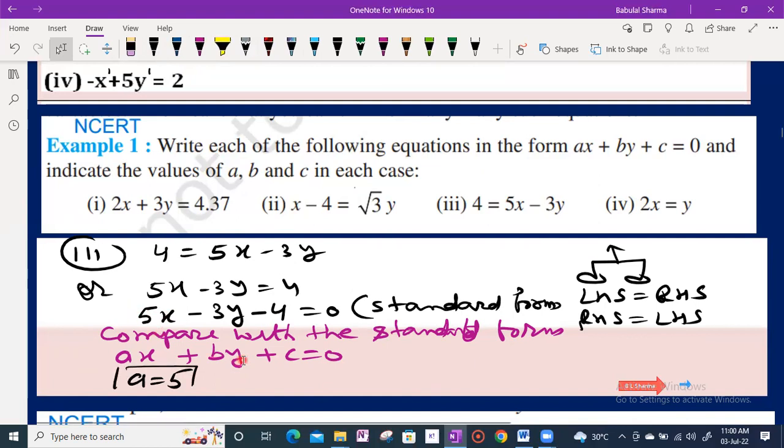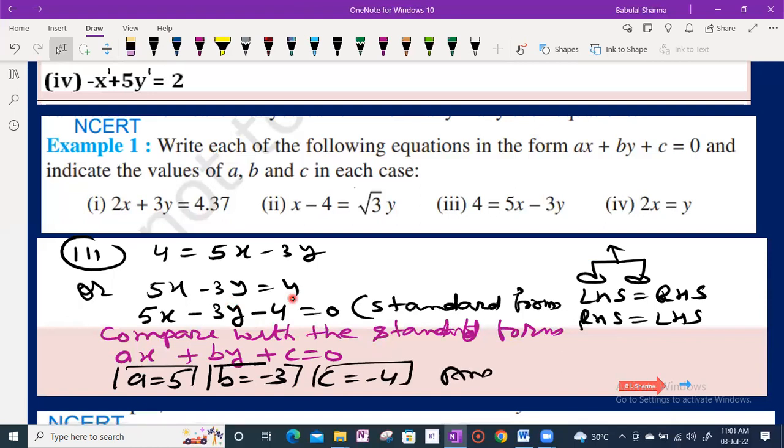Coefficient of y is b. Coefficient of y is here minus 3. So in place of b, we write here minus 3. Here the constant term is c and here the constant term is minus 4. So c is equal to minus 4.